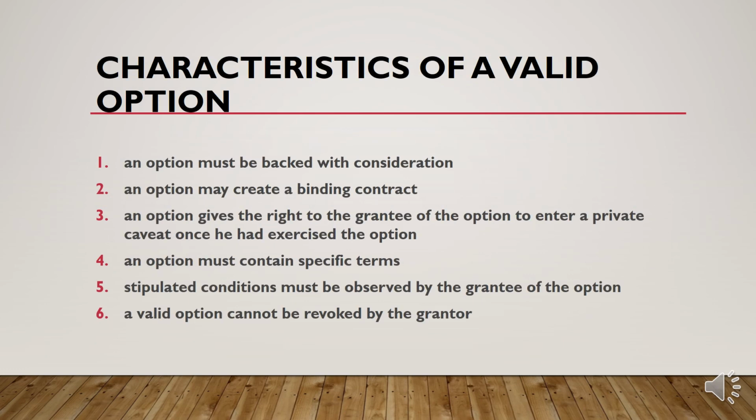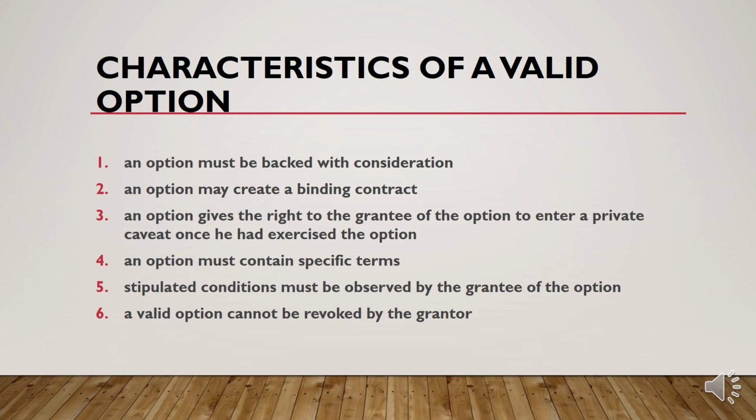Now, the characteristics of a valid option. An option must be backed with consideration because it may create a binding contract. An option gives a right to the grantee of the option to enter a private caveat once he had exercised the option. An option must contain specific terms.